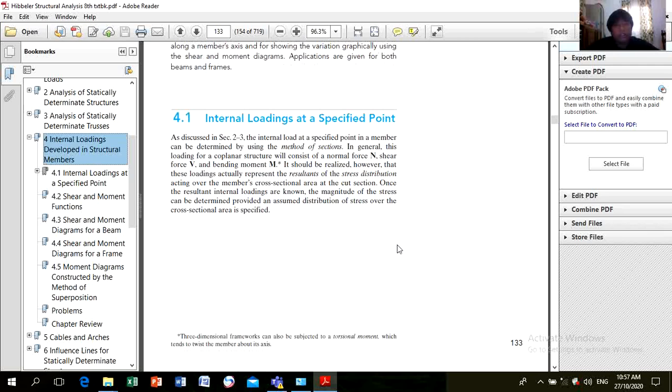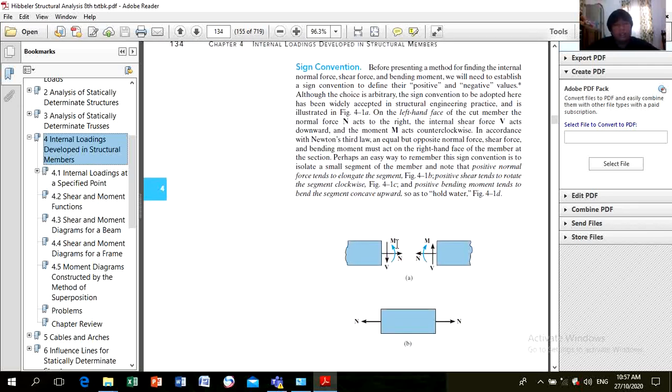So in other words, in this topic, in order to see the internal loading, we need to cut at a certain point wherein we can determine the shear and the moment.